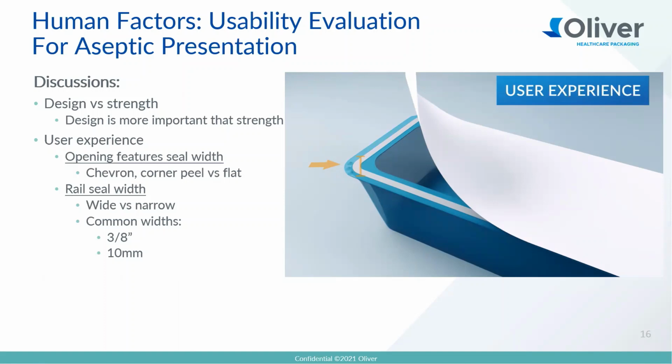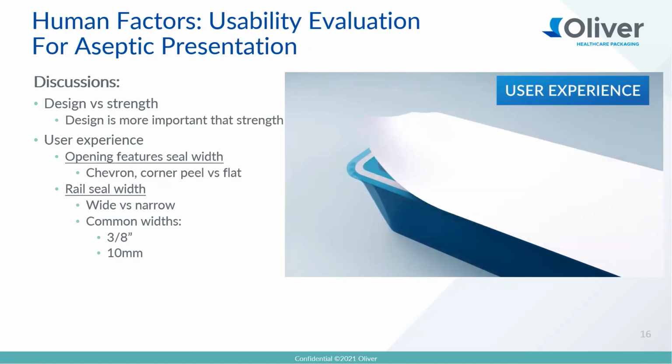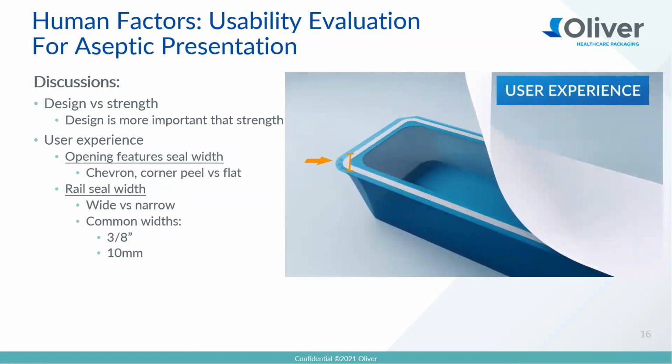And you can see because it is more of a chevron type of shape, or open from the corner in this case, that the widest may be maybe 10 millimeters, for example, versus if it was to be opened flat, meaning not from the corner, but from the end of the package, it would be very wide, and that could be 2 or 3 inches wide, or maybe up to 50 millimeters.